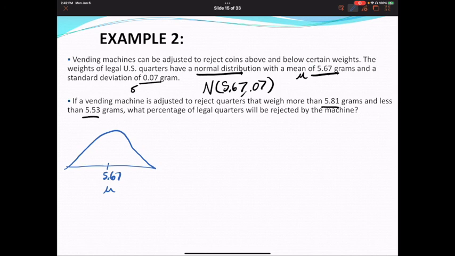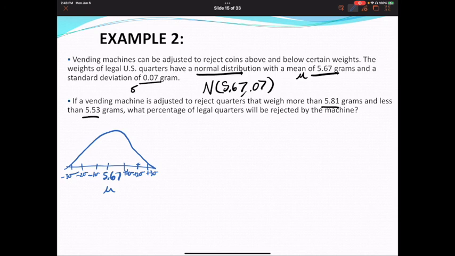So I need to go 1, 2, and 3 standard deviations above the mean, and 1, 2, 3 standard deviations below the mean, right? We don't need to go much further than that because remember, 99.7% of data is within those first 3 standard deviations.